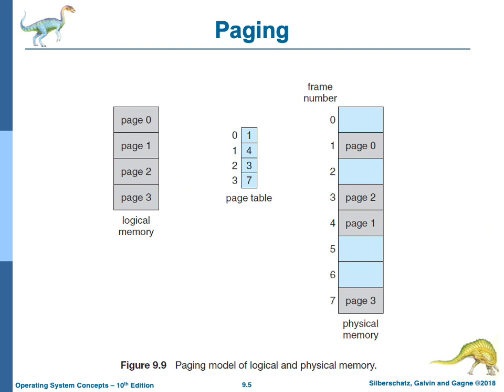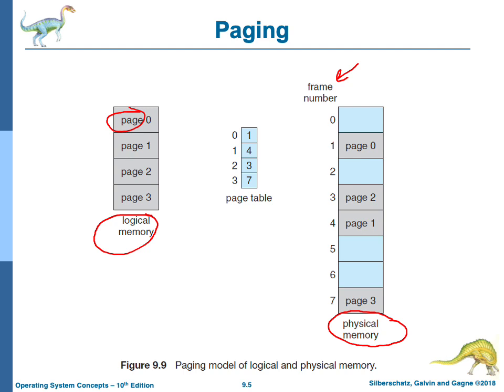And so paging divides the physical memory into fixed size blocks that we call frames, okay? And then we divide the logical address space into same size blocks that we call pages. And then we have to keep track of all the free frames that we have in memory.